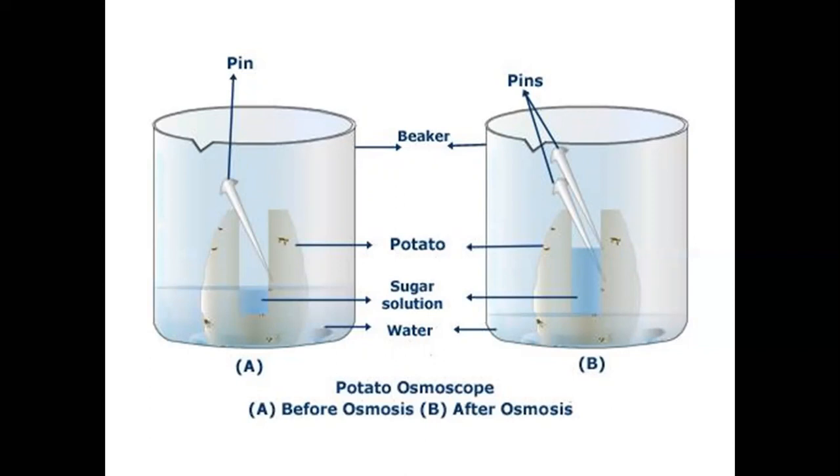There is therefore a gradient for osmosis whereby water will move from out in the beaker where the concentration is high, passing through the potato which has the semi-permeable membranes to enter into this well where the concentration of water is low. As a result, after a few hours, we will notice that the water level inside of the potato well would have increased and the water level outside in the beaker would have decreased.